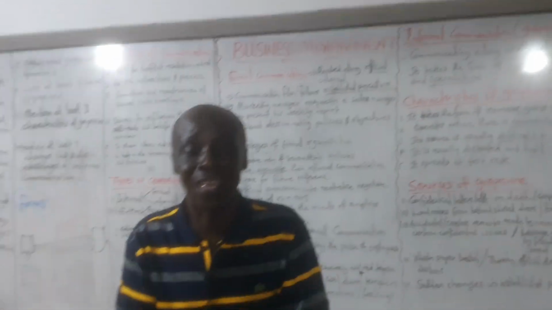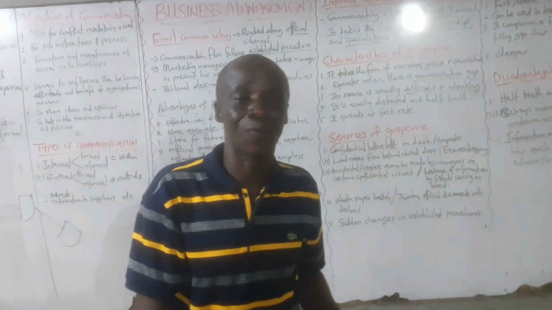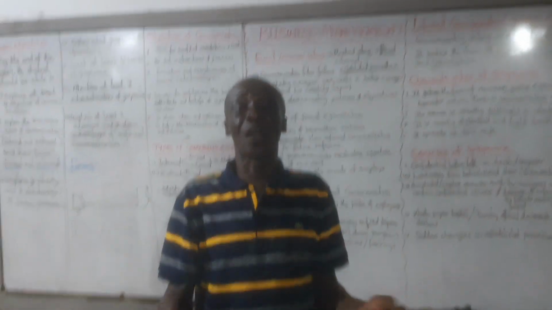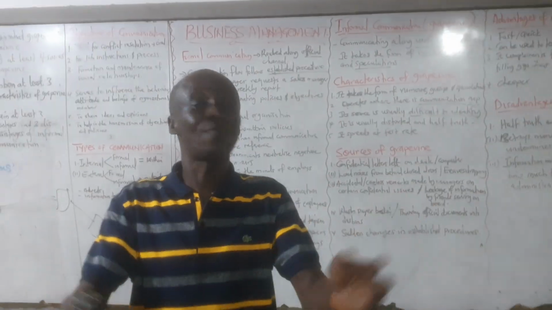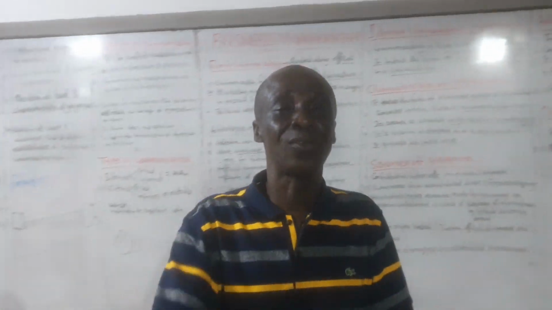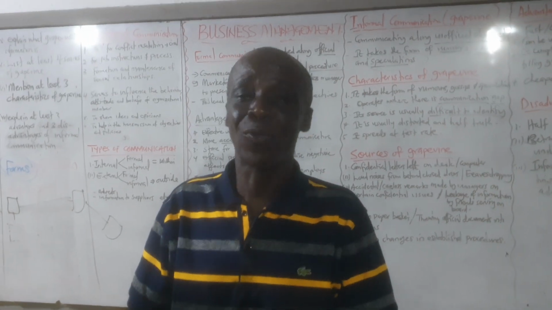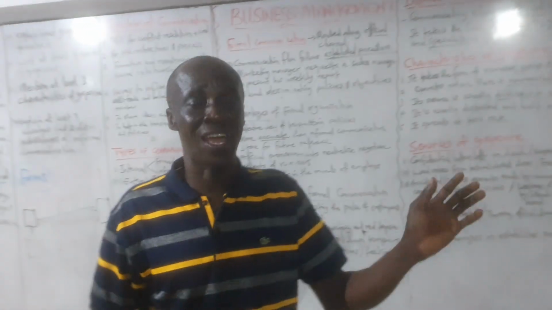The formal one is the one that has been officially established. The informal one is unofficial. Even if you are in an organization and you are talking about Christmas or whatever, that is informal communication. If a manager is asking you about your family and you are discussing family, that is informal communication. And then we also talked about the advantages and the disadvantages of both formal and informal.